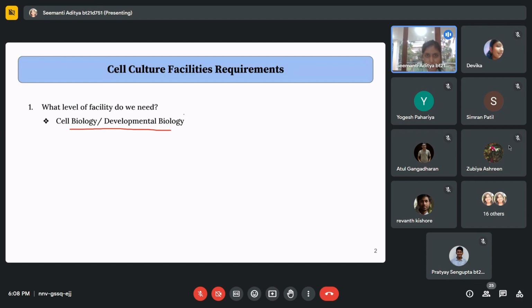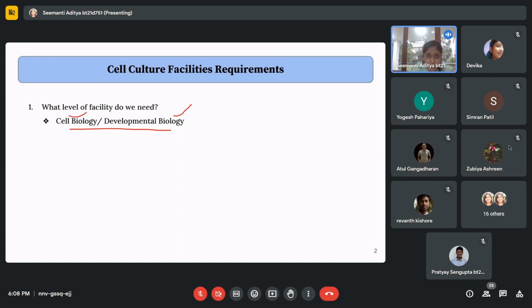People generally use insects like Drosophila, or fishes like zebrafish. These model organisms are very easy to study for development purposes, because they are very easy to grow, very easy to handle, and economically also very cheap. So if they need to culture those insect cells, or the embryos of some fishes, then those facilities are required.